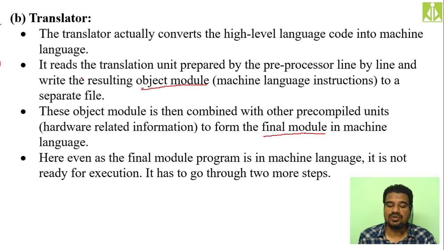So the overall overview is: the translator takes the translation unit and converts it into the object module, and to that object module it adds the hardware related information to form the final module, and this final module we give as an input to the linker.